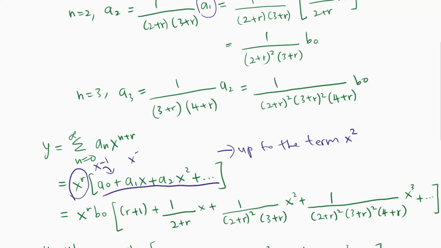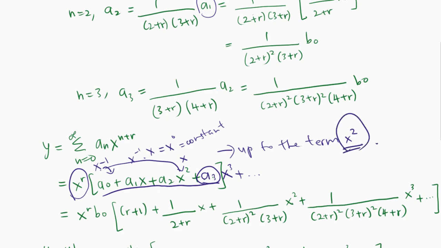Because x minus 1 times x is equal to x power of 0, which is constant. Okay, x minus 1 multiply with x power of 2, we only have until x. That's why we need to add another one. We need to find a3, because a3 x power of 3 plus until infinite. So x minus 1 times x power of 3 will be x power of 2. Okay, that's why I find the value for a3. So a3 is equal to this.